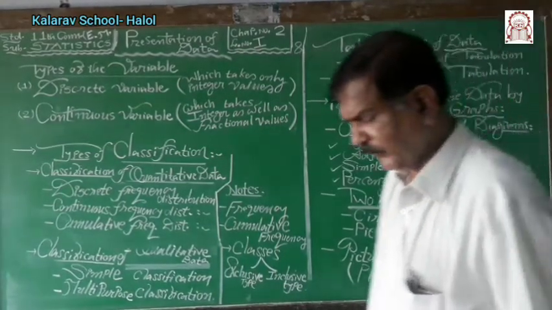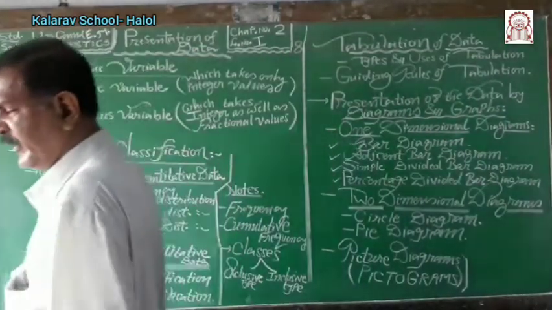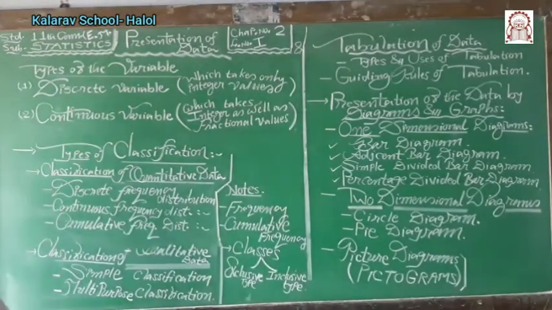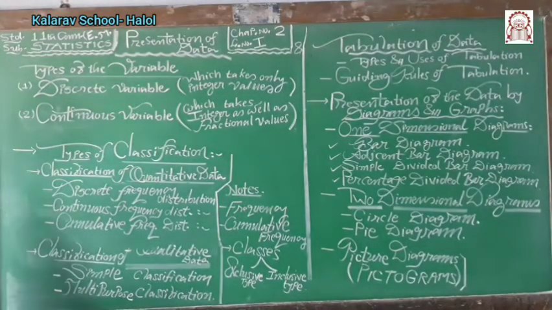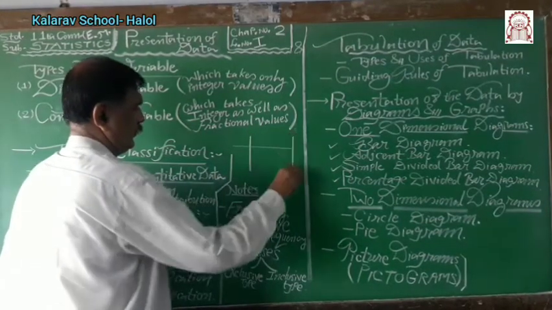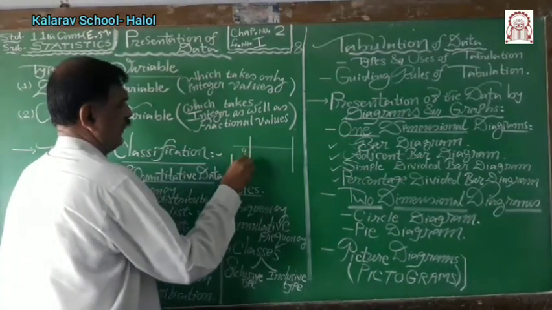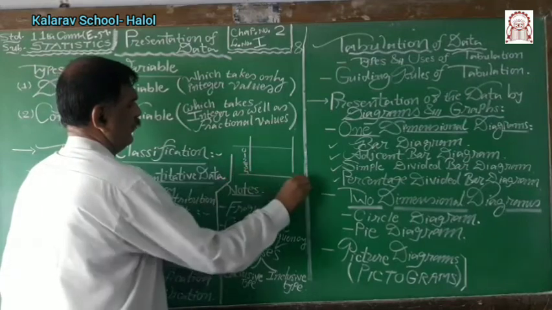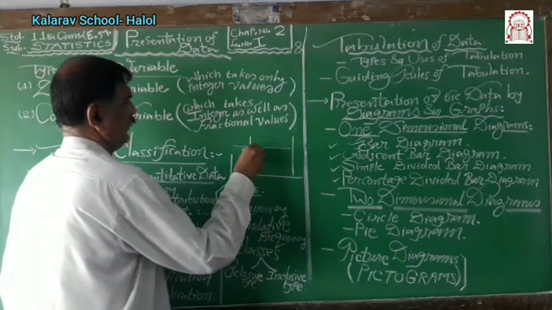Now classification of the data. How to classify the data? Classification is very simple. You know, number of the children and number of the families. Number of the children 0, 1, 2, 3, 4. These are known as frequency.